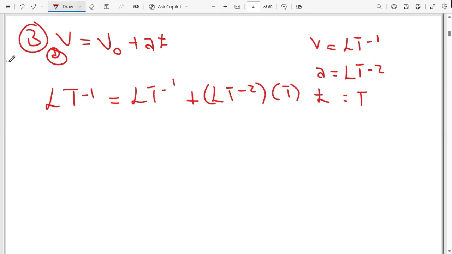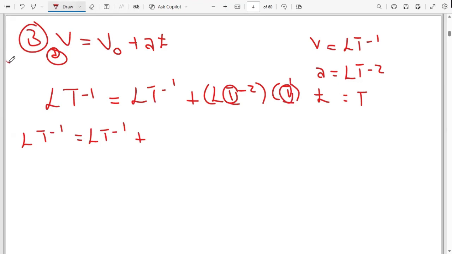How we're going to do that is very simple. My left-hand side is still LT to the power minus 1, which equals LT to the power minus 1 plus, multiplying the time here by LT to the power minus 2. What do we get if we multiply time and time? We're multiplying the same bases of T. One has power 1, the other has power minus 2.